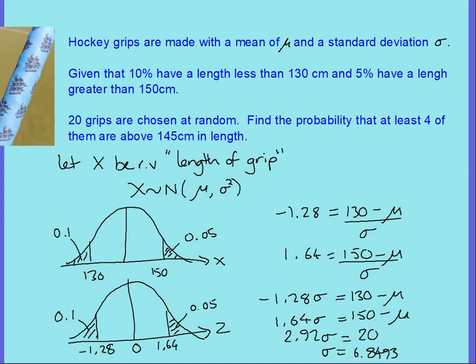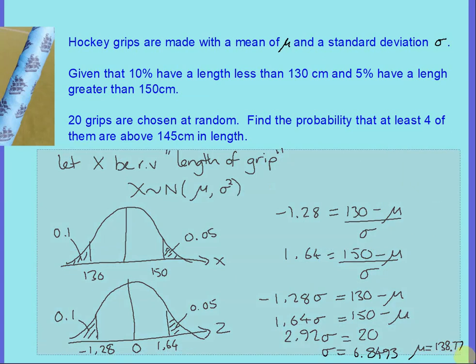I'm going to pop that into this one. So I'm going to times that by 1.64 and take that away from 150. So the mean is 138.77.